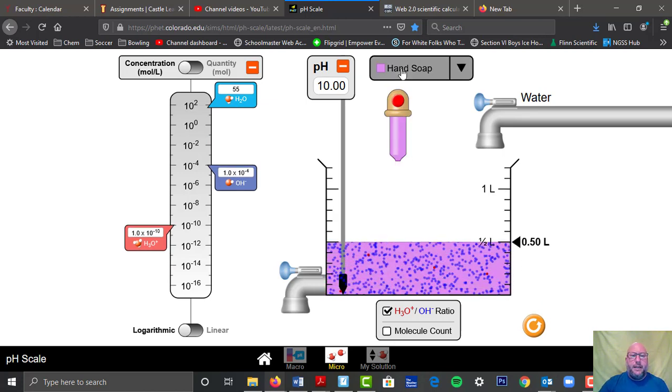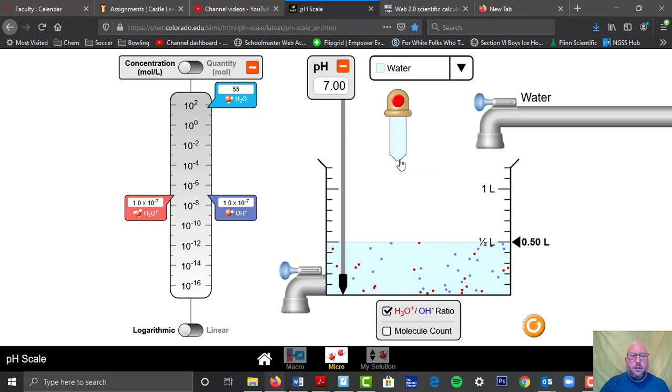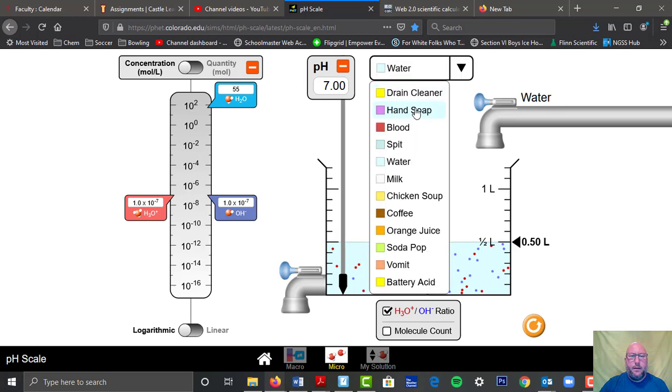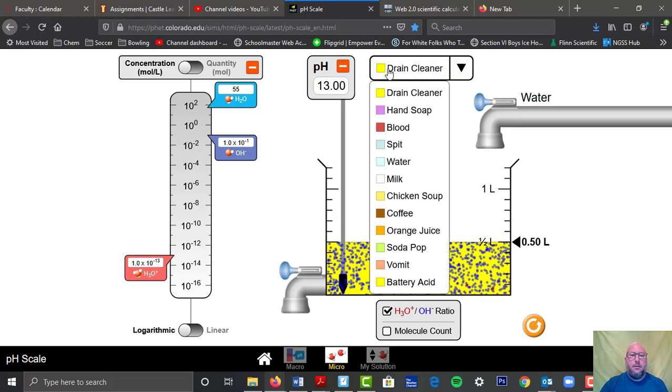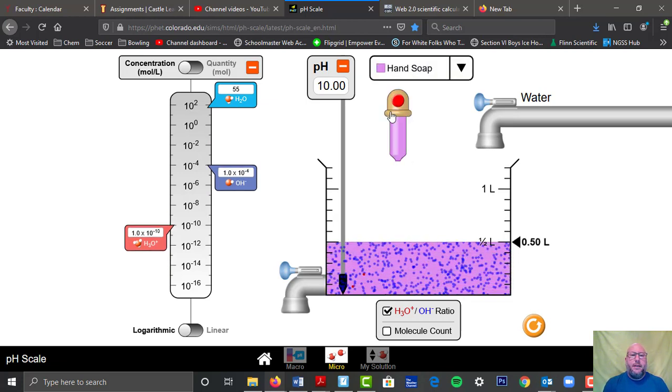Well, remember that a pH of 7 is neutral. So the further from 7 it is, the more basic, and the further from 7, the more acidic. So the drain cleaner with a pH of 13 is more basic than a pH of 10. But how much more basic is it?